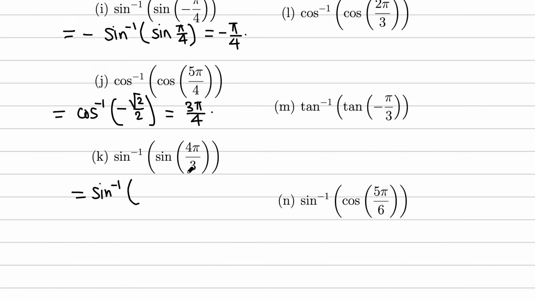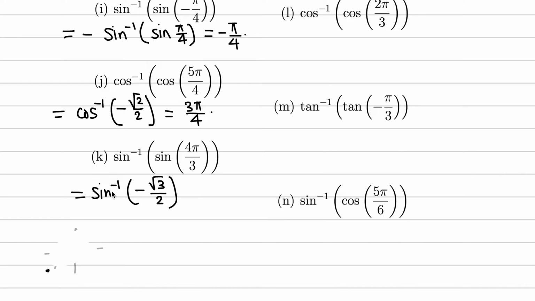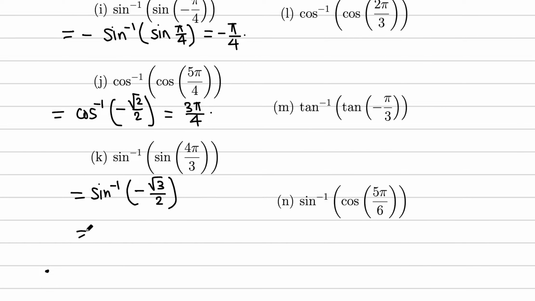Sine means y coordinate, so 4 pi over 3, that is here somewhere. Okay, just look at the y coordinate. That will be negative root 3 over 2. Now for sine inverse and tangent inverse, we can pull the negative outside.